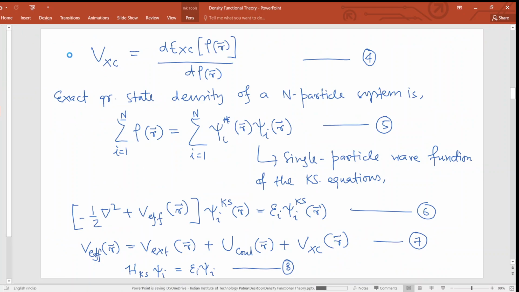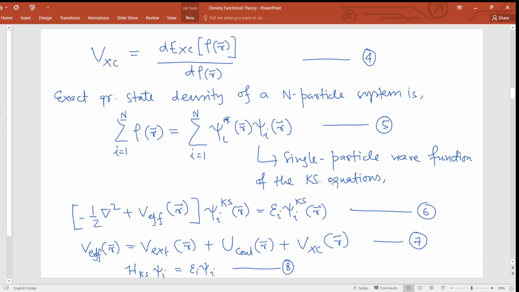Now this exchange correlation potential is defined by V_xc equal to dE_xc by d rho, and the exact ground state density of an N particle system we can write down like this. So rho of r, which is a sum over all i's, that means all the electrons, will be equal to the sum over i of psi_i star psi_i, and psi_i are basically single particle wave functions of the quantum equation.